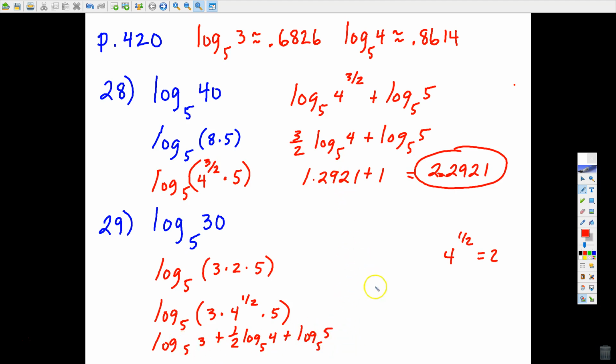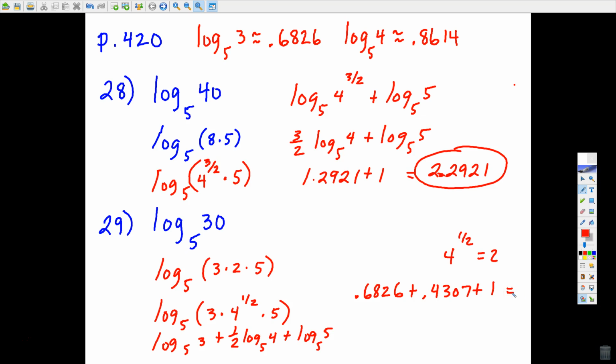Okay, so log base 5 of 3 is 0.6826, plus, now log base 5 of 4 is 0.8614, but we're going to be multiplying that by 1/2, which is another way of saying divide by 2. 0.8614 divided by 2 is 0.4307. And of course, log base 5 of 5 is just 1.